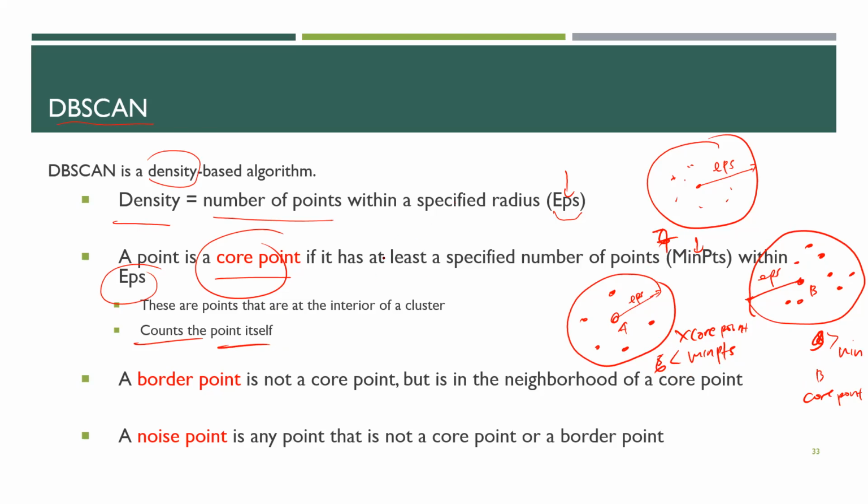Okay, this is the core point, which is about density, and then the border point. A border point is not a core point, but it is in the neighborhood of a core point.